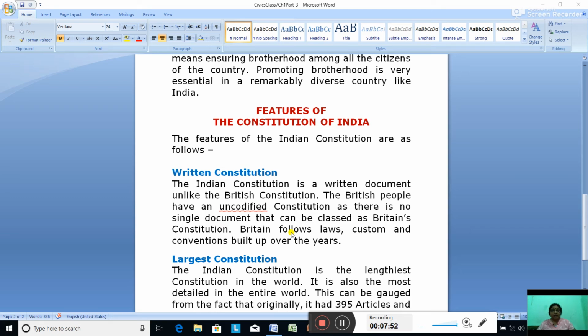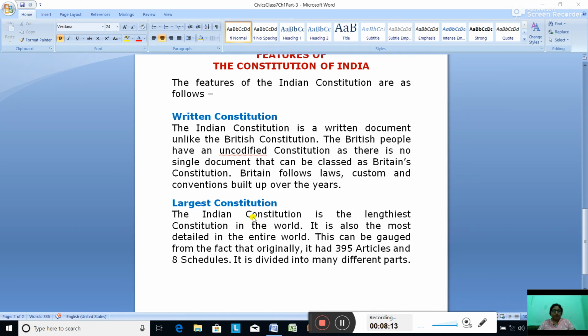So the Indian constitution is a written constitution, whereas the British constitution is an unwritten constitution.